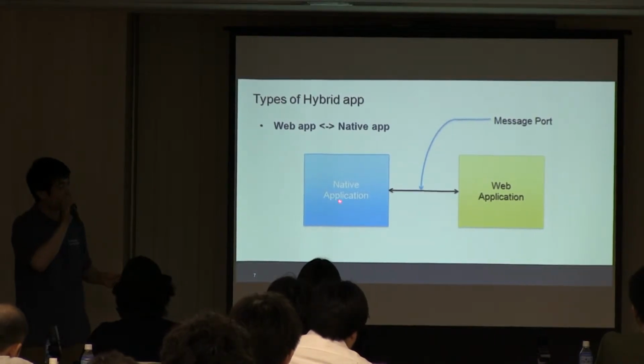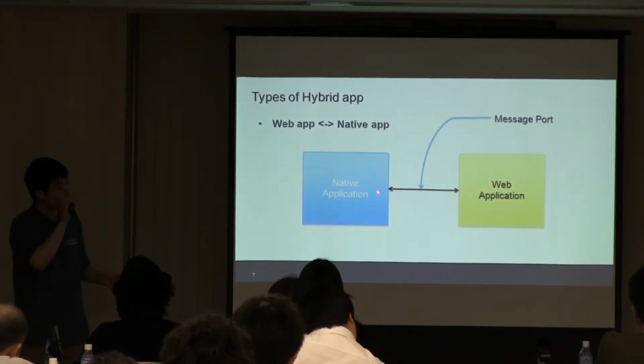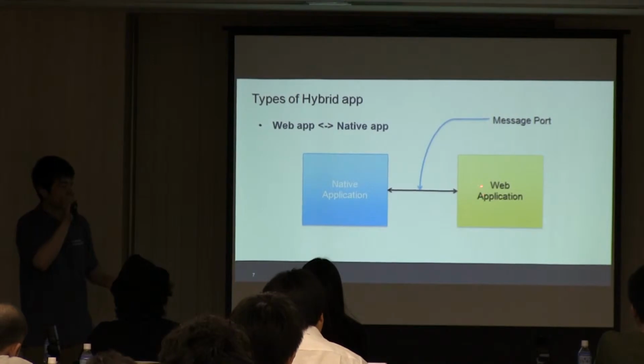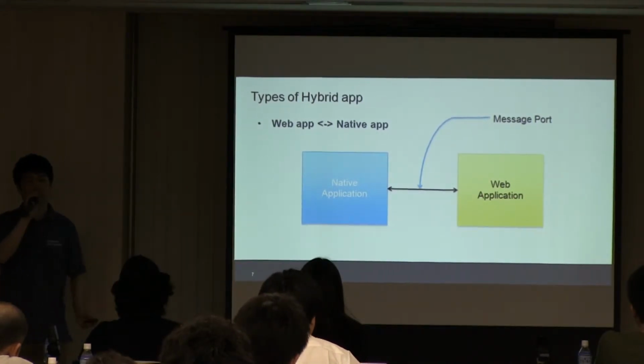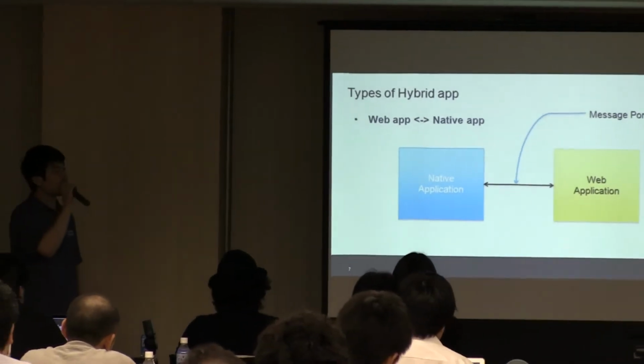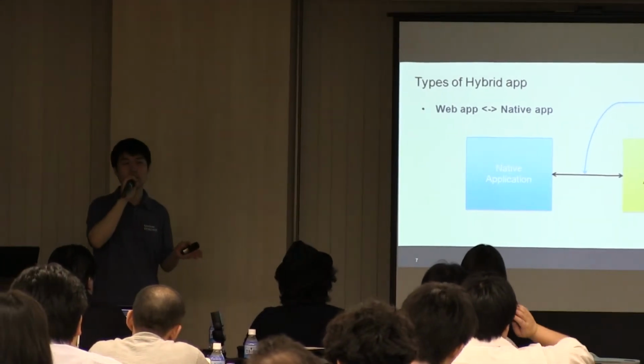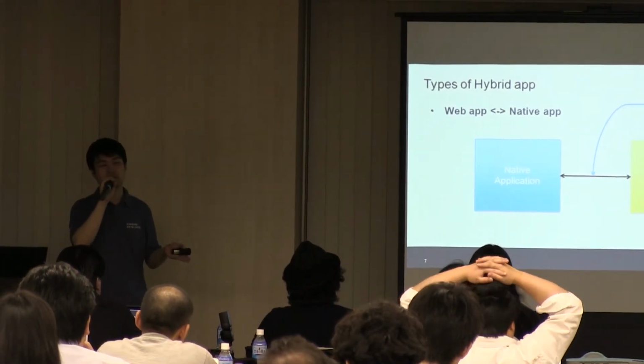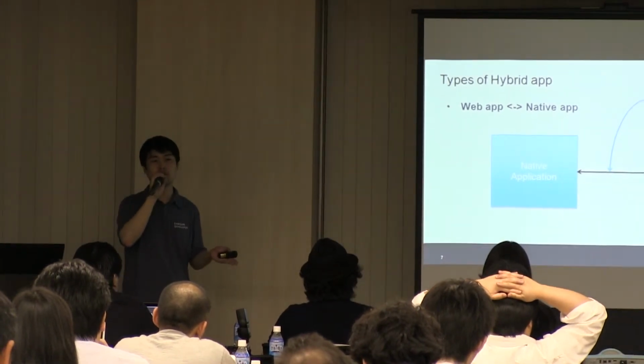You can then pass all that data and those functions to the web application and use them. So this is another hybrid approach. I think this approach also makes your web application powerful when you want to use native functions and native features.